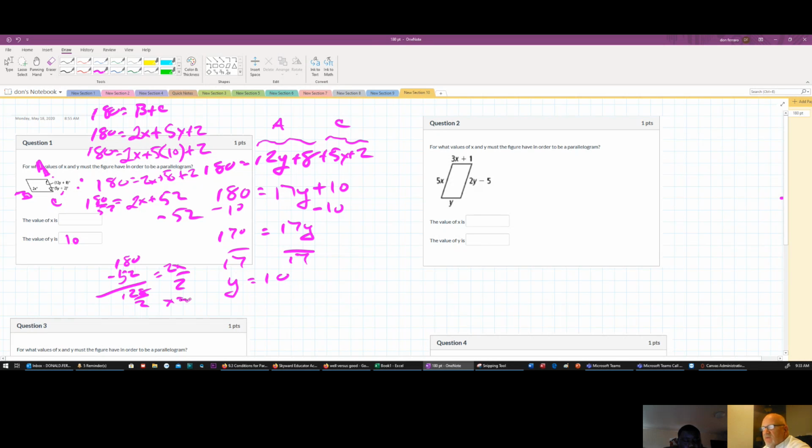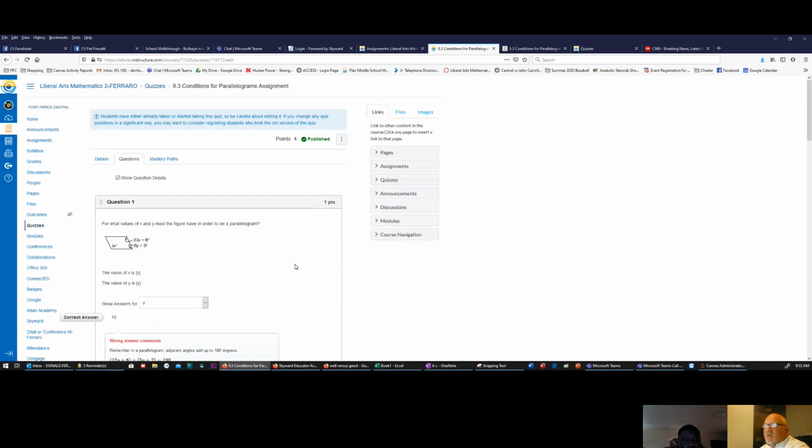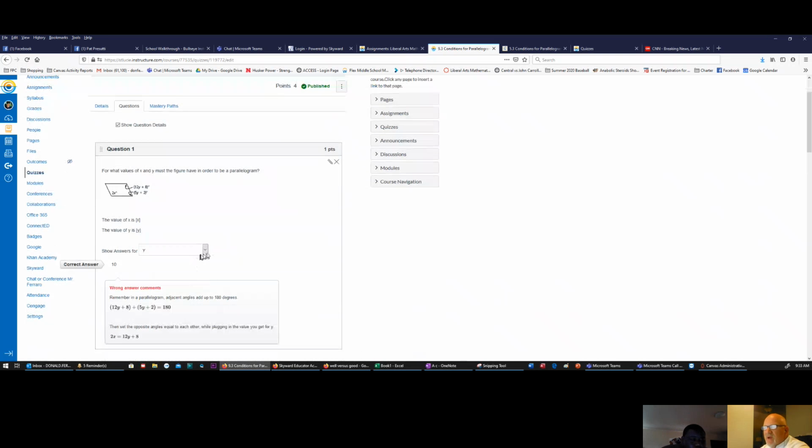So x is equal to 64. Is that right? So we come up with x equals 64. And let me just go back over here. We got y equals 10 and x is equal to 64.